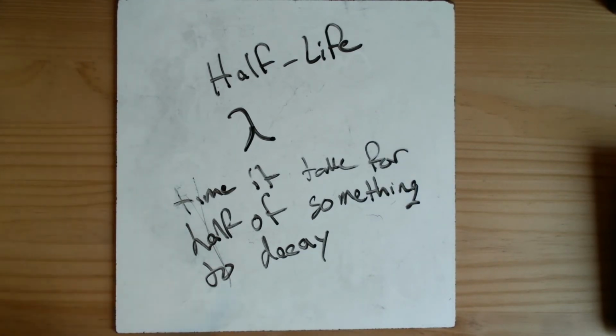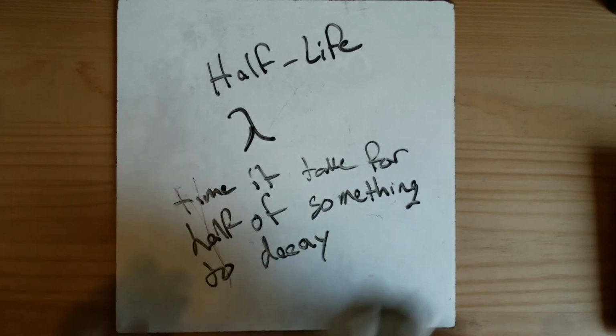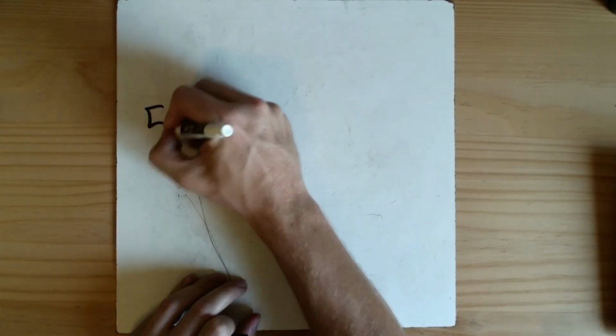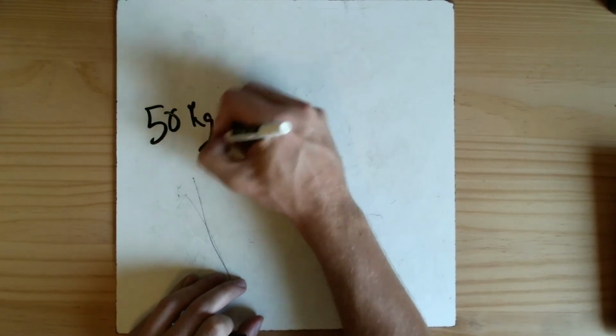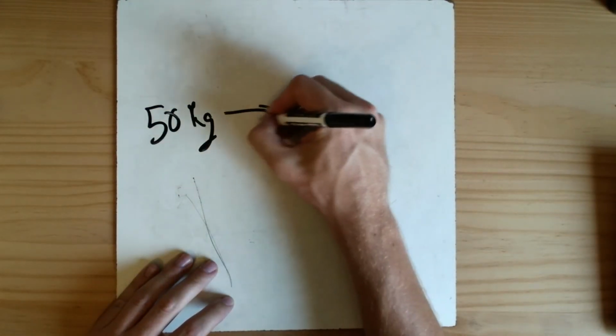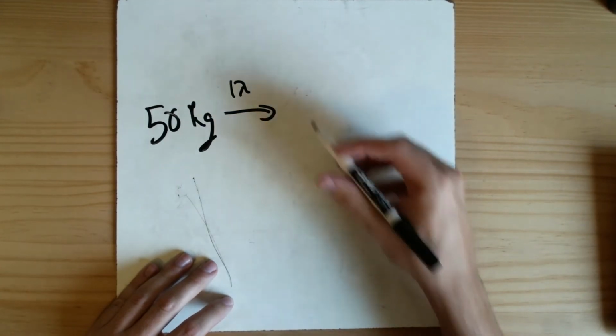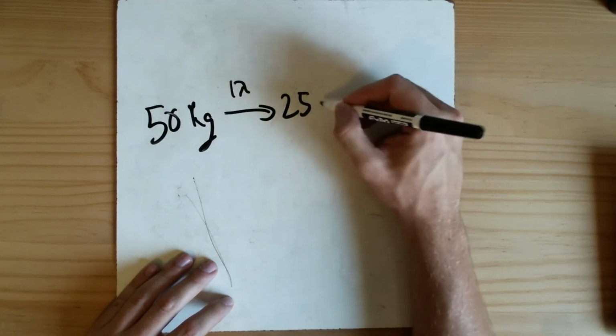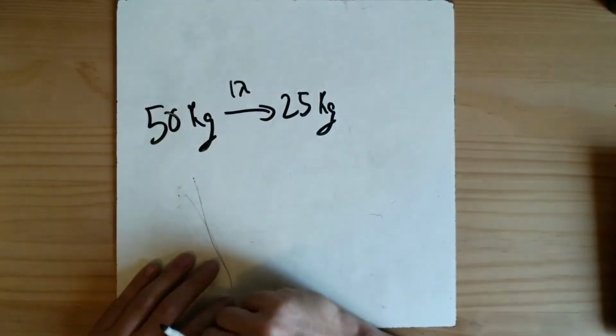If we're dealing with something like half-life, it's really easy to show this on a graph to give you the idea. Because what happens, and this is what most people don't expect, let's say I have 50 kilograms of radioactive material. After one half-life, I now have 25 kilograms of radioactive material.